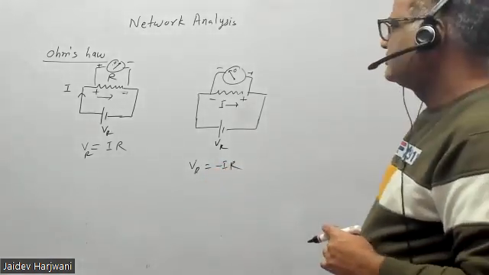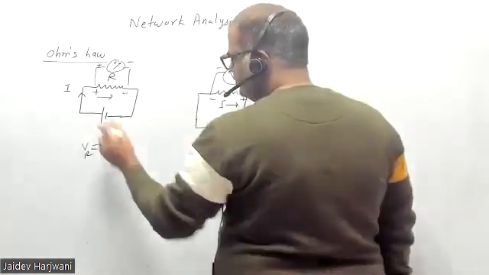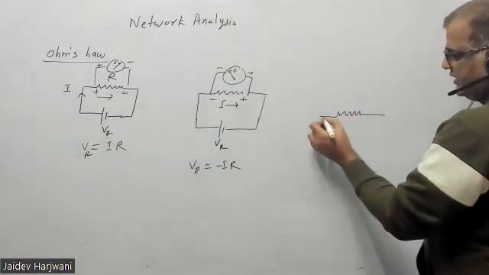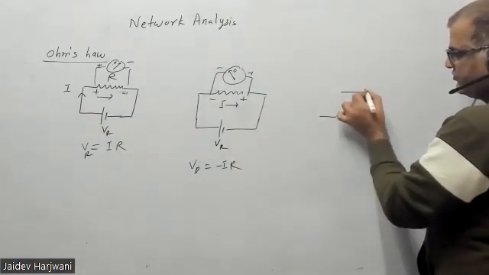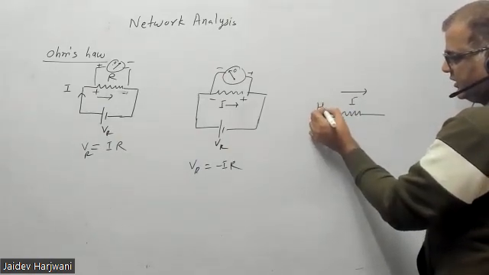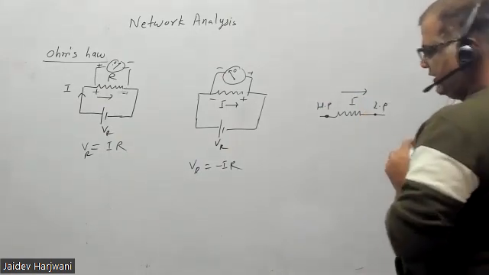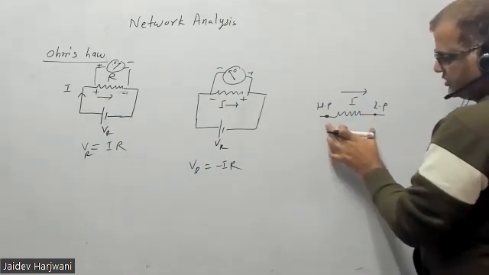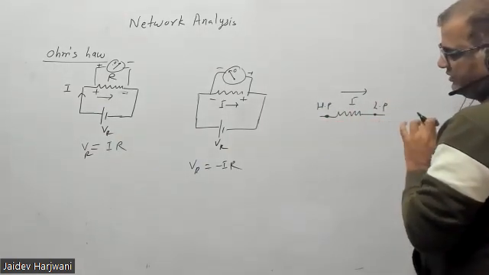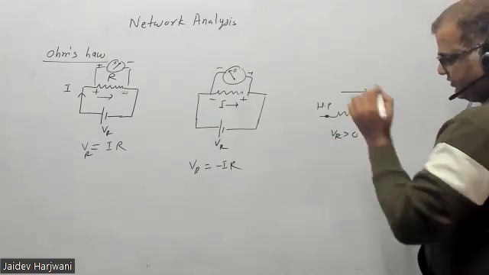So what I'm trying to say is, whenever you measure voltage in the direction of current, if current is flowing like this, this will be your higher potential and this will be your lower potential. So voltage difference will be positive, higher minus lower will be positive. So voltage difference VR will be positive.